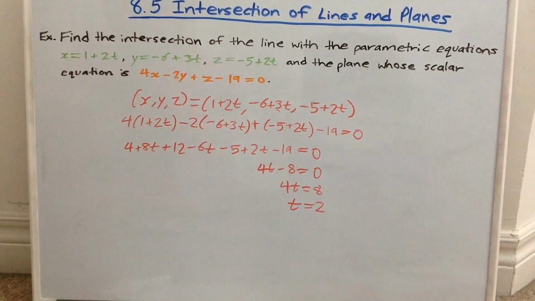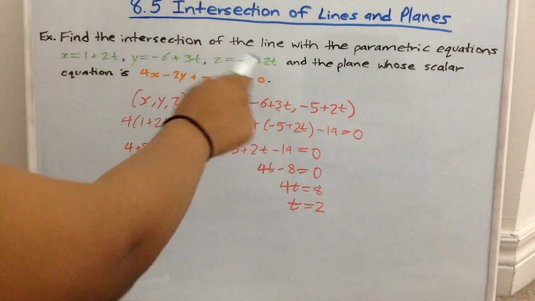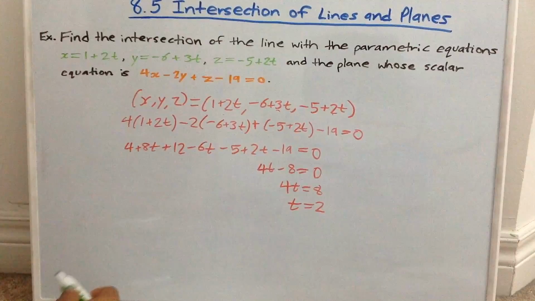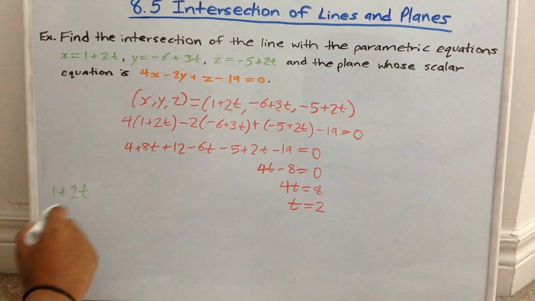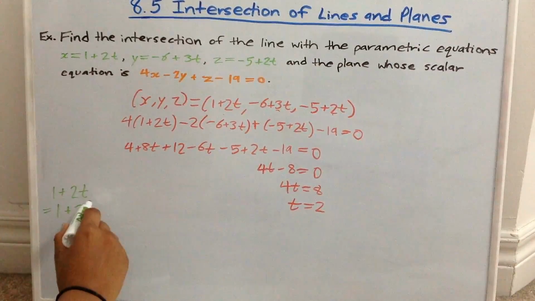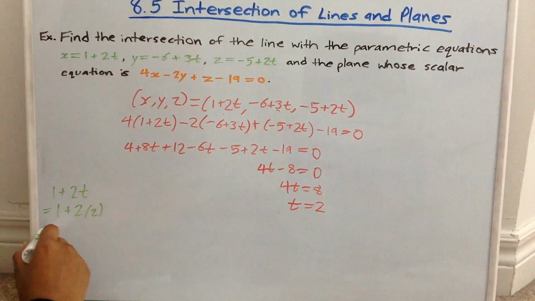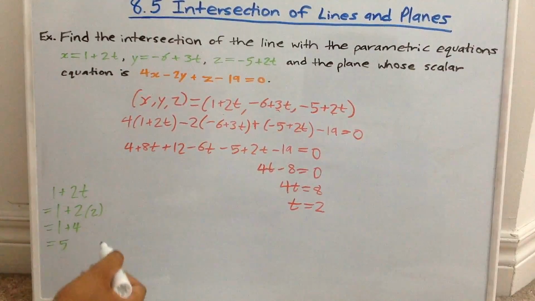So now, in order to find the exact point at which the line intersects the plane, we can substitute the t value back into the parametric equations for the x, y, and z components. So for x, we will get 1 plus 2t, and you get 1 plus 2 times 2, which is 1 plus 4, and we get 5 for the x value.